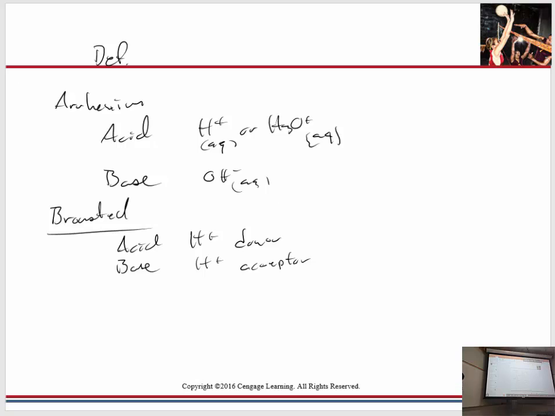And so we have different examples of the reactions we'll look at here, but we'll go on to Lewis next.